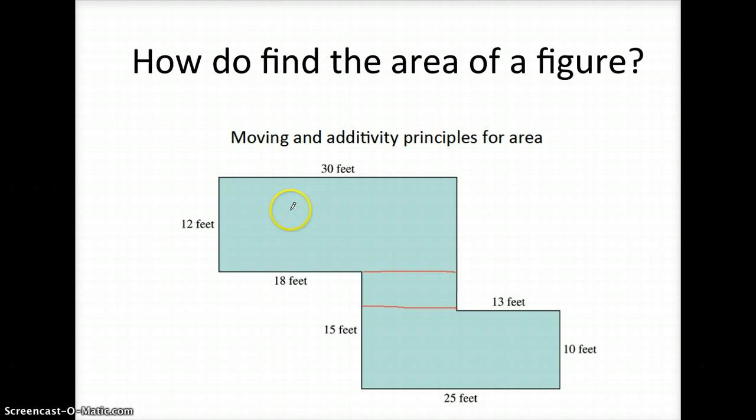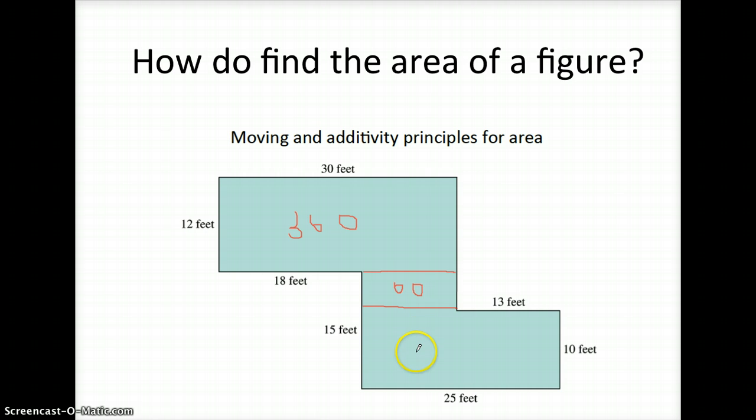We would take the length times the width. For this it was 12 times 30. That would give us 360. This pen's not great for this, but we have 5 times 12, which is 60 here.